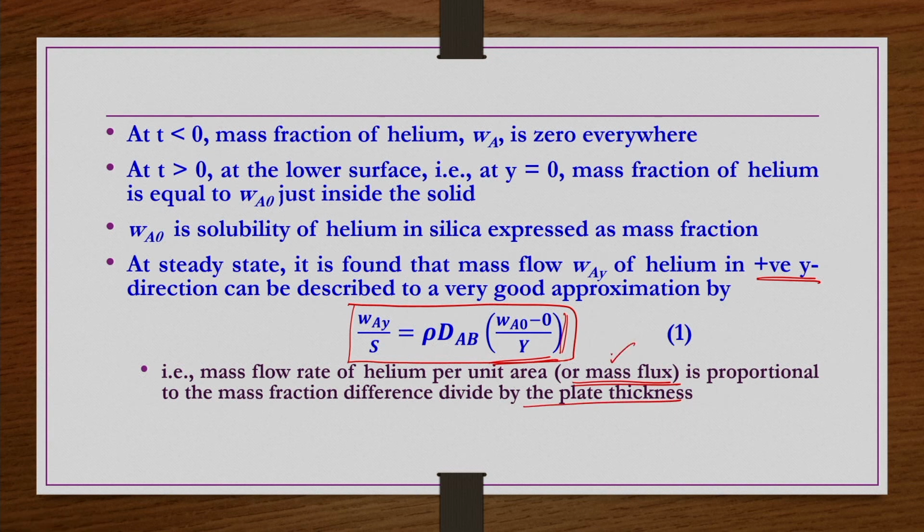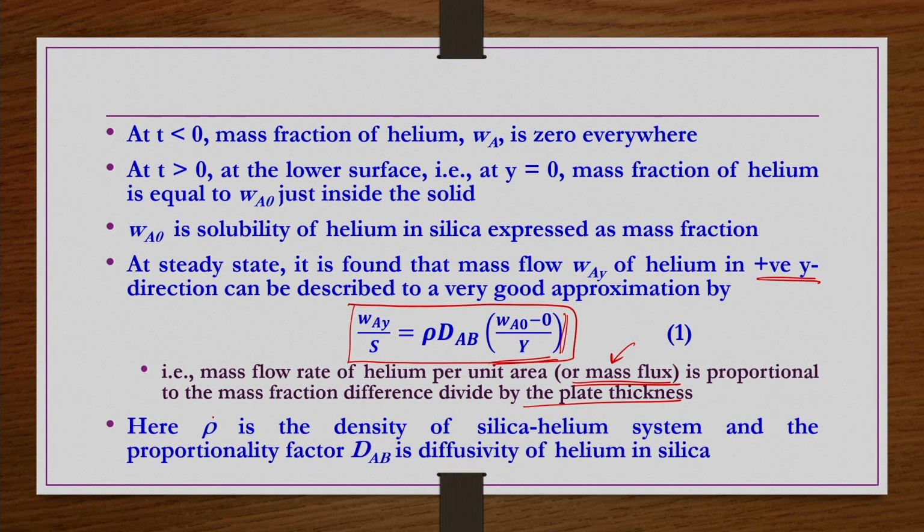We call it mass flux, not molar flux, because everything we have taken in mass units, including WA, which is a mass fraction, not a mole fraction. Rho is the density of the system, both A and B, and the proportionality factor DAB is the diffusivity of helium in silica, that is, diffusivity of A in B.